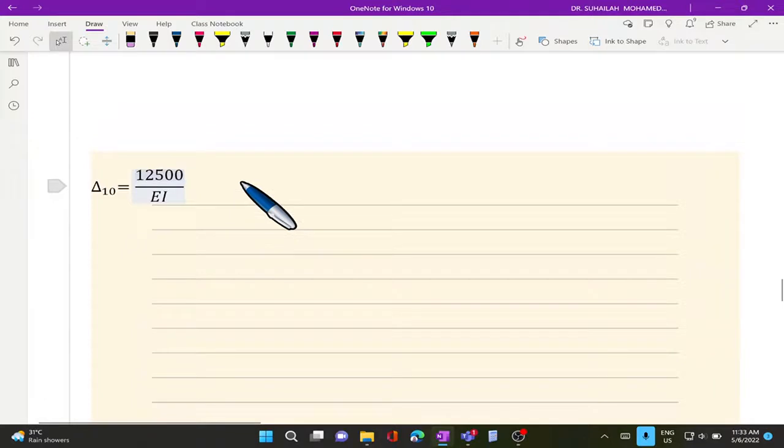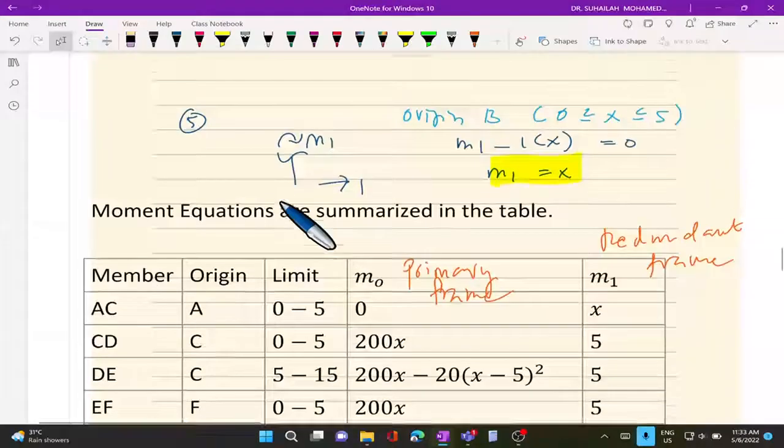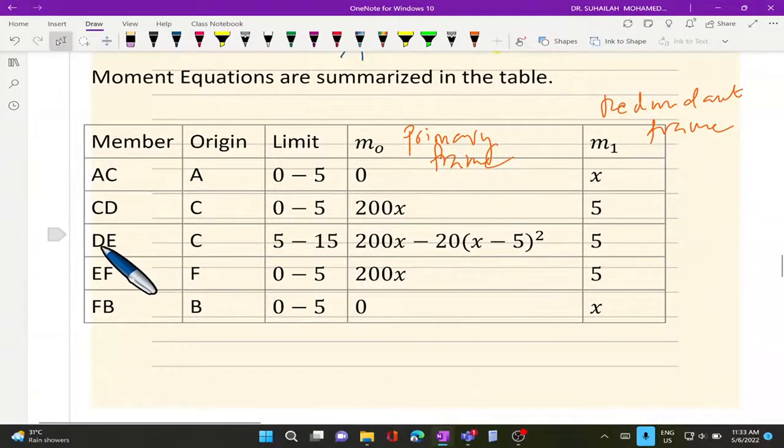That is for DE. Move to the next one, it is 200x times 5.